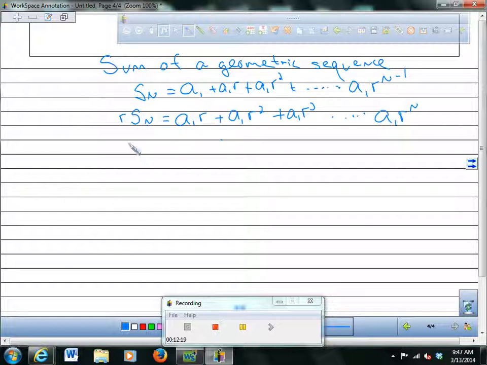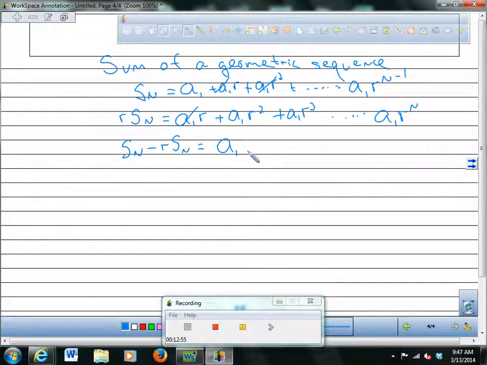So S sub n minus r times S sub n is equal to a sub 1, because there's no a sub 1 over here, right? But all these will cancel indefinitely until I get to this one, and this will cancel out until I get to a sub 1 r to the n. That's right.